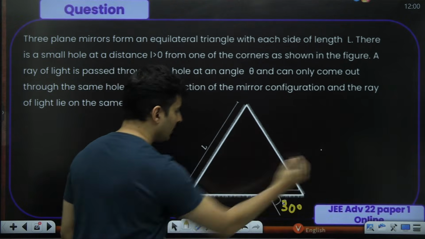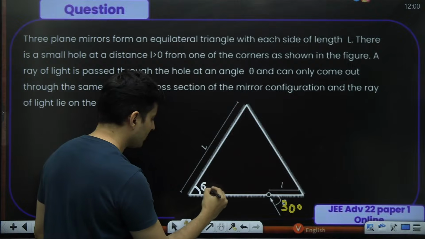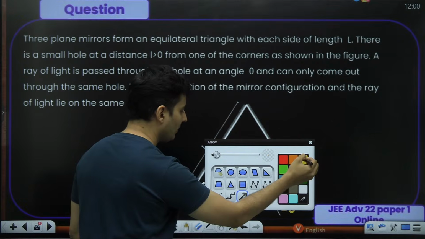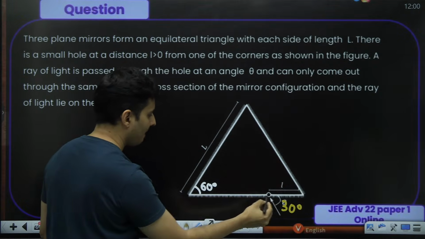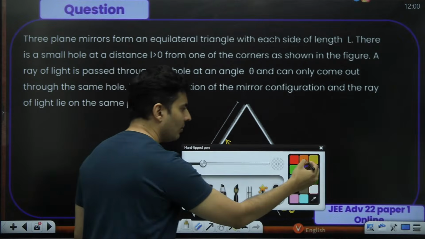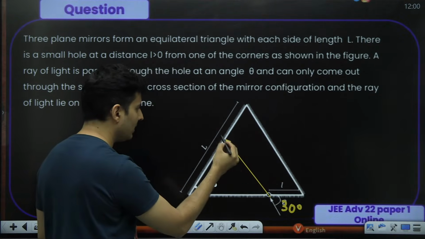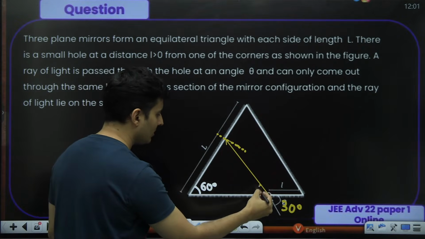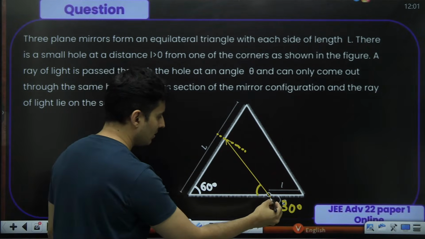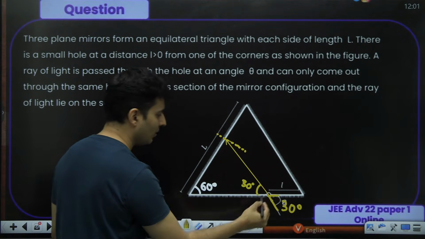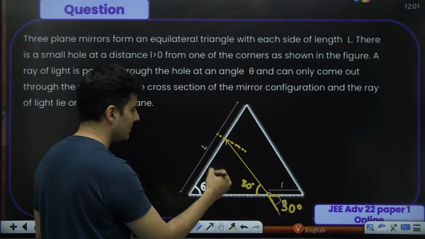First of all, realize this is an equilateral triangle, so this is going to be 60 degrees. So what will happen to the ray of light? Yep, this will go like this. It will fall over here. So let me draw a perpendicular over here. If this is 60, obviously this is 30 degrees because they are opposite angles. This is 30, this is 60.